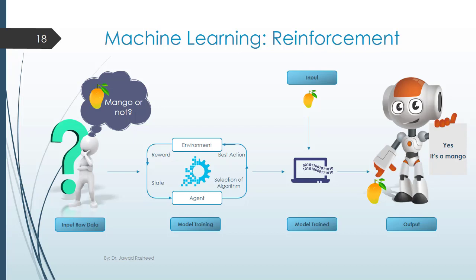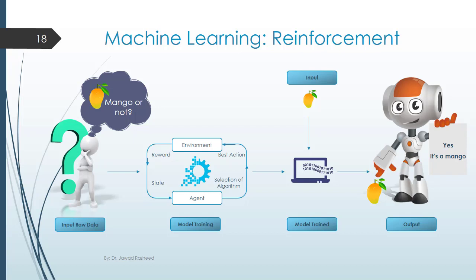So let's discuss this slide. We can see that the machine is confused whether it is a mango or not a mango. So then the machine is trained using reinforcement learning. If it makes a correct decision, it gets a reward point for it, and in case of a wrong one, it gets a penalty for that.